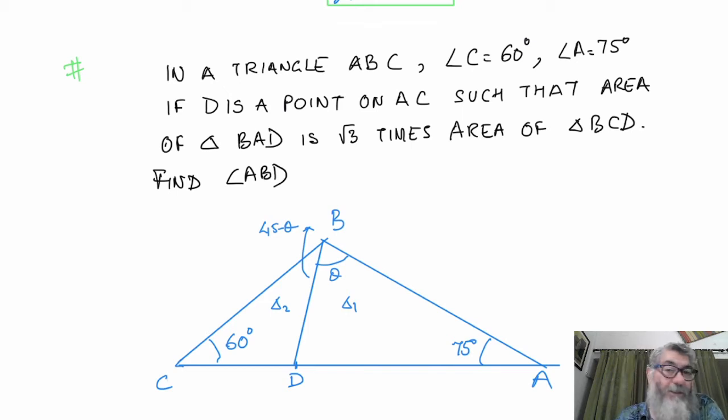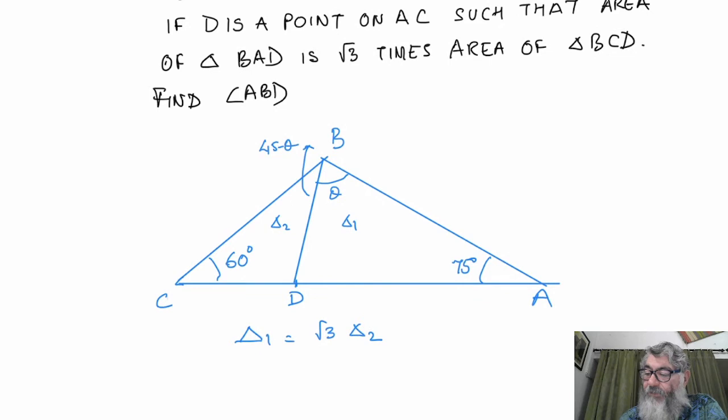The relation is that the area of triangle BAD is root 3 times the area of BCD. Delta 1 is root 3 times delta 2, where delta 2 is the area of DBC.